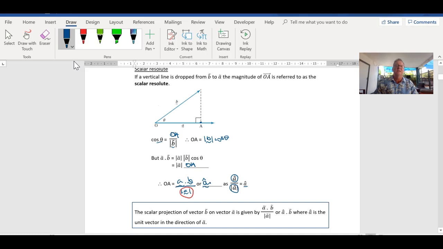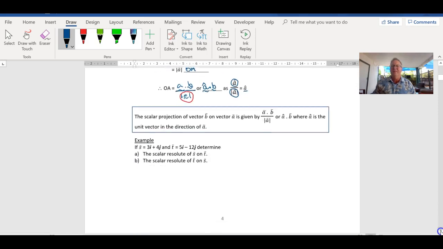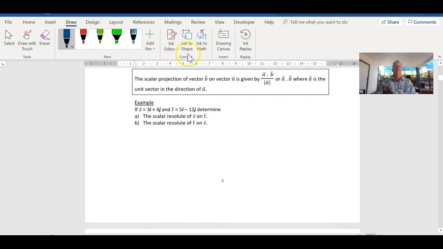And this is still dotted with vector B. So the scalar resolute of B on A is either the dot product divided by the norm of A, or the unit vector in the direction of A dotted with vector B, which is what we talk about in this box. The scalar projection of vector B on A is the dot product divided by the magnitude of A, or this unit vector in the direction of A dotted with B.